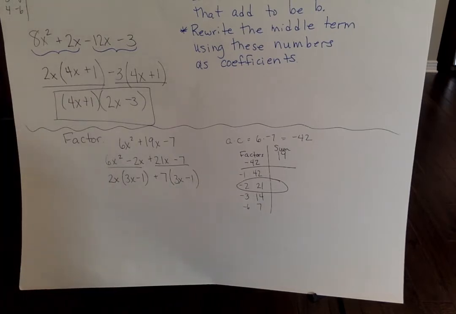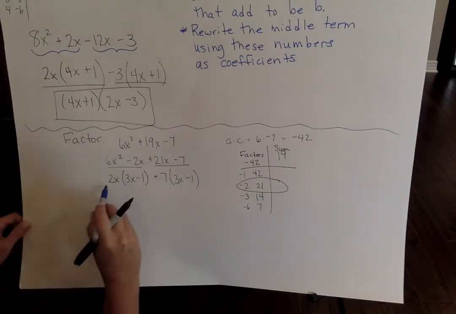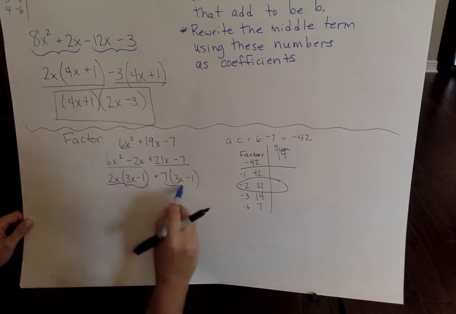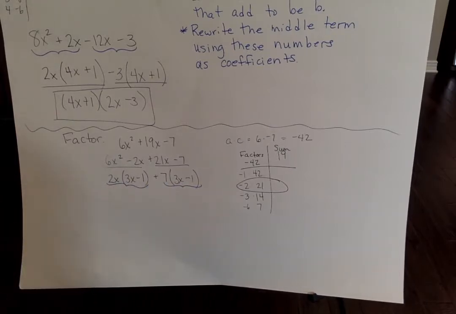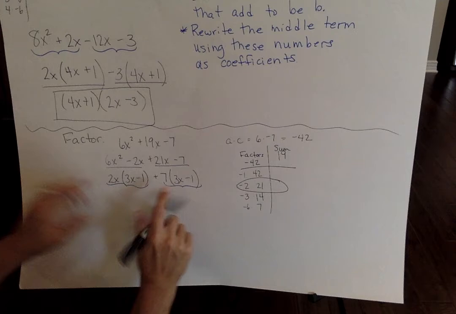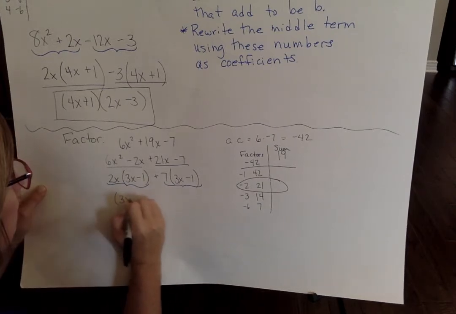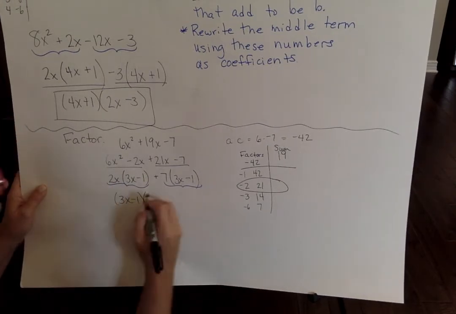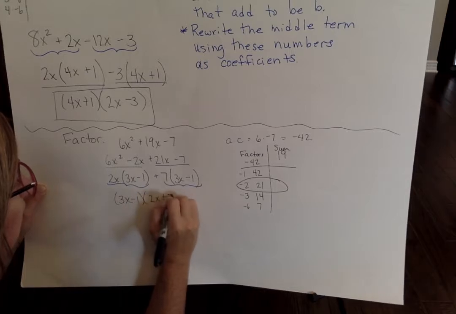Now we're looking at these two terms. What they have in common is a 3x minus 1. What's left over is 2x plus 7.